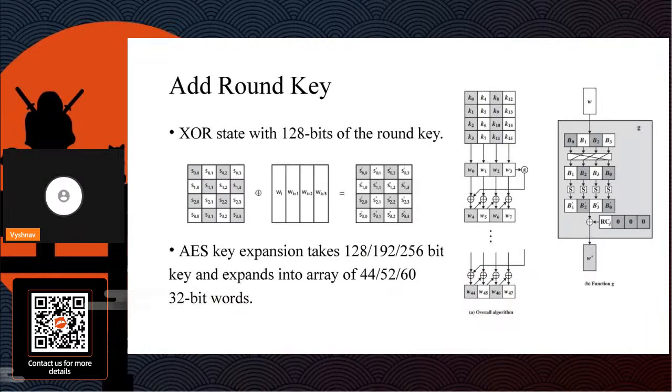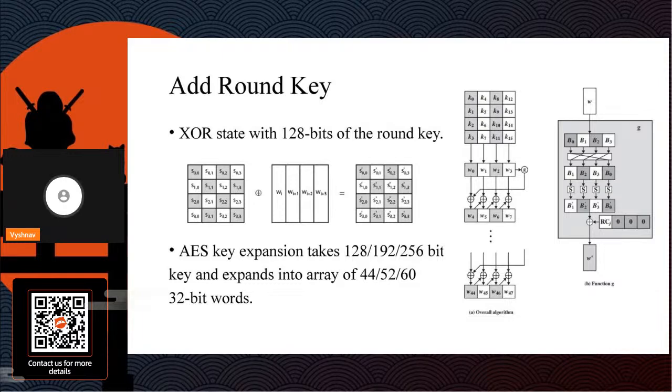Using this S-box, substitute the values to get B1 bar, B2 bar, B3 bar, B0 bar, and XOR with a round constant to get W dash. So after passing W3 through the G function, we get W dash. This W dash is XORed with W0 to get W4. So all the words are interlinked with the previous word.